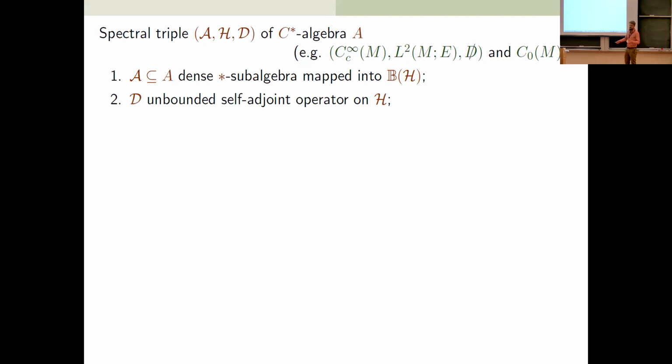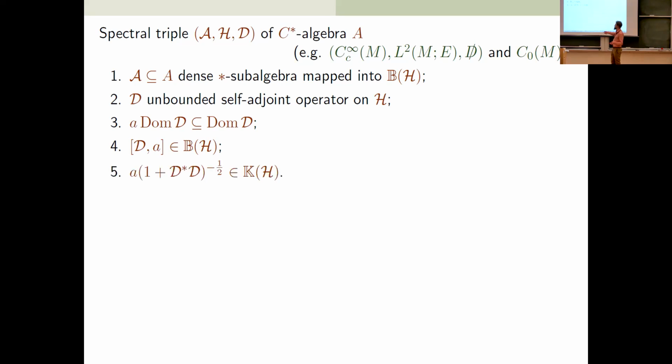If the manifold is closed, it has a nice unique closure, so everything is nice, which will not be the case in the relative setting. The domain has to respect this dense subalgebra. The commutator has to be bounded, being a first order operator. And then it has to have some sort of compact resolvent.